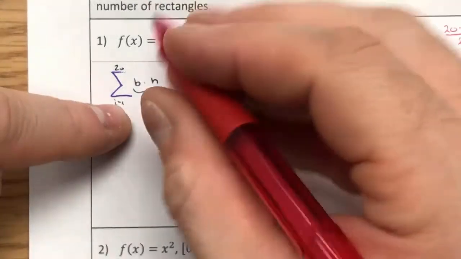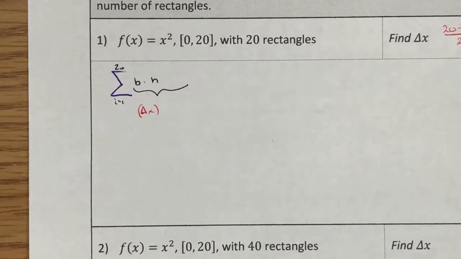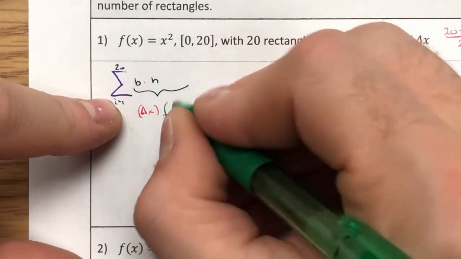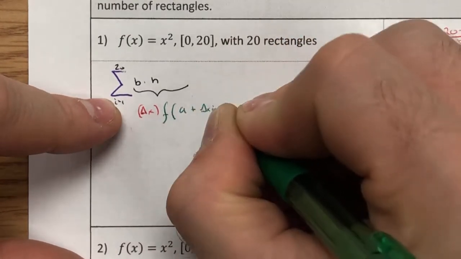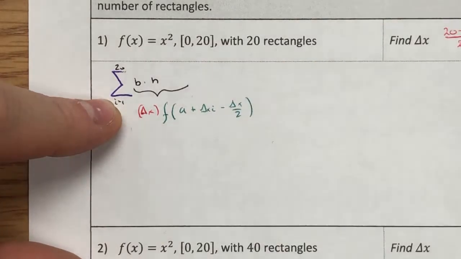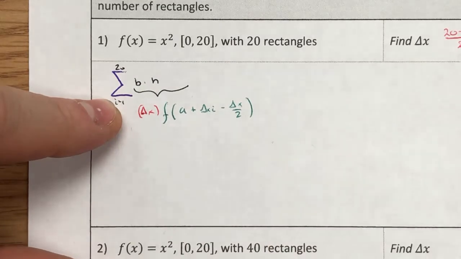We know the base is going to be our delta x, and our height, let's do that in green, is going to be f of a plus delta x i minus delta x over 2. Awesome. And so let's simplify this so we can plug that into the summation notation as simply as possible.